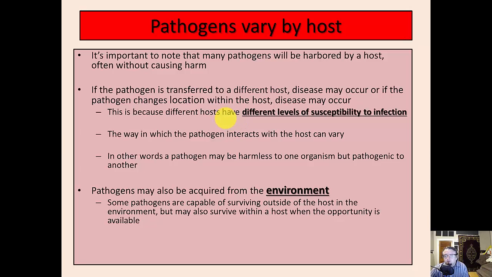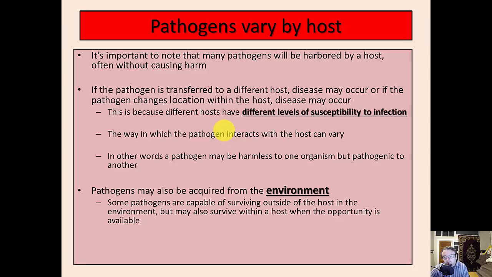And then it also comes down to different species in which the physiological makeup of one species can be different from another. So for example, dogs and cats and human beings can all have a very different response to the same pathogen. One of the things we'll talk about later in the semester are called zoonotic pathogens. A zoonotic pathogen is the one that's capable of transmitting from an animal to a human, and sometimes vice versa.